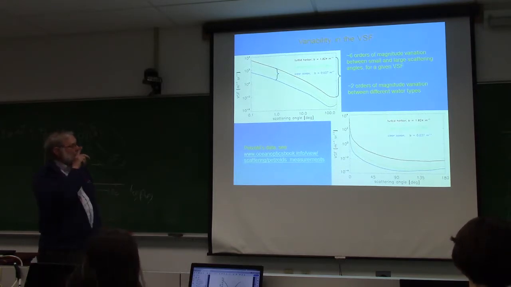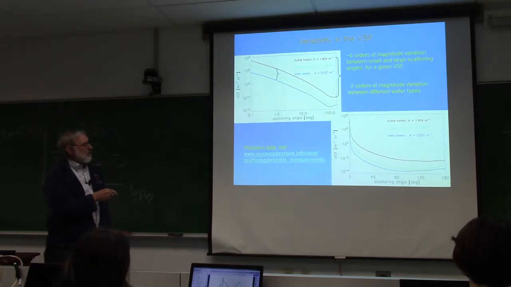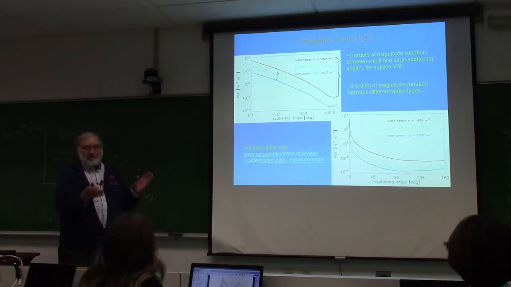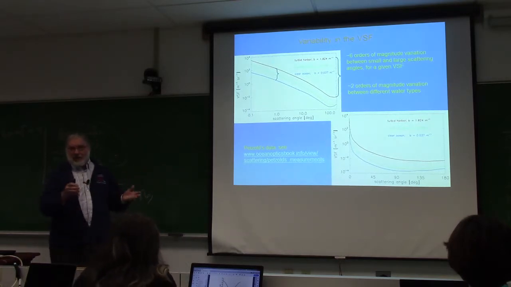You can see for any one of these curves there's 5 or 6 orders of magnitude difference as you go from small angles of 1/10 of a degree around to a minimum somewhere and then 180. So just think of 6 orders of magnitude, and then as you go from one water body to the next, there's another couple of orders of magnitude just due to the water you're in.